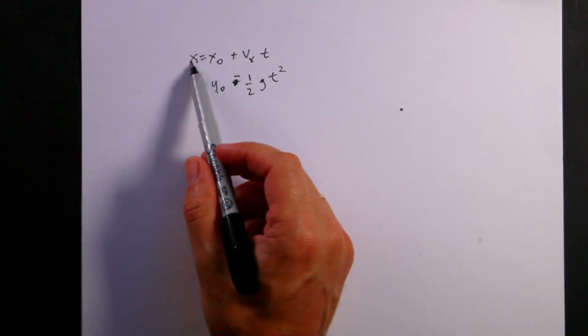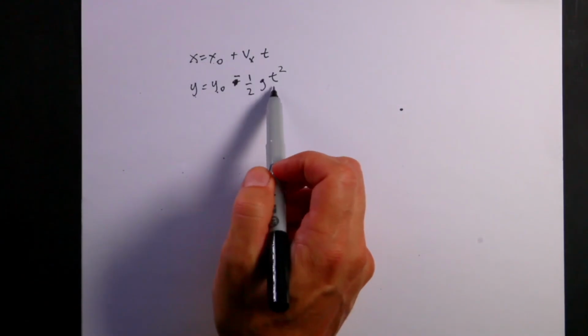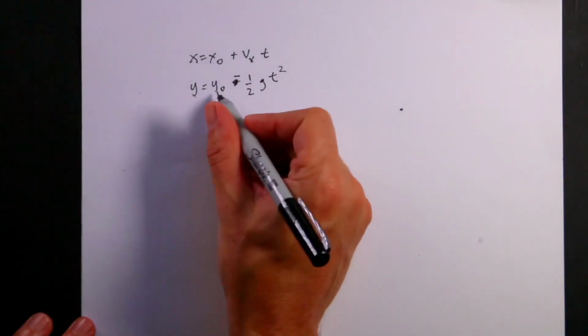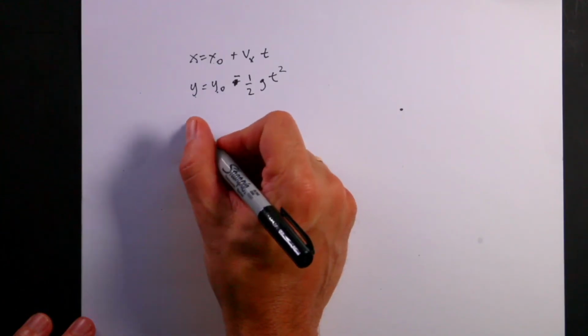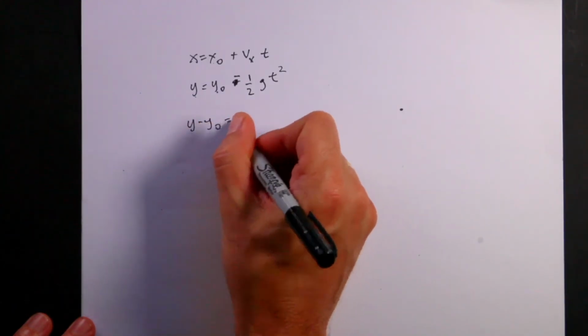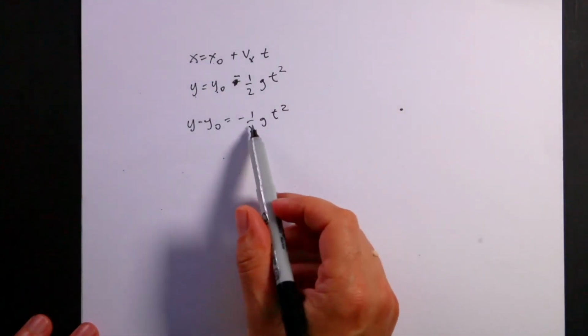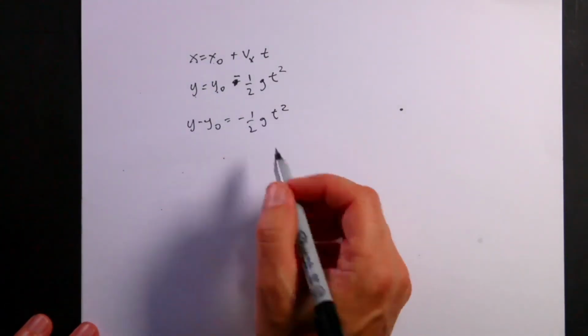So in this case, if I want to find x and I don't know t, I have to use this to solve for t. Let's subtract y0 from both sides, so I get y minus y0 equals negative 1/2 gt squared. And g and 1/2, all these are numbers except for t.